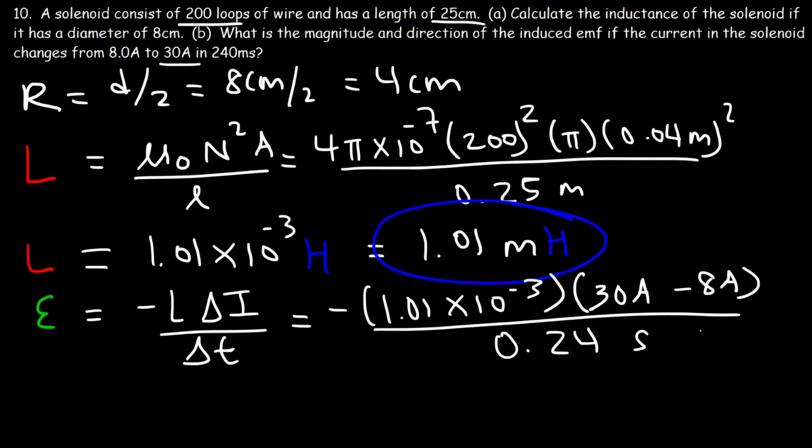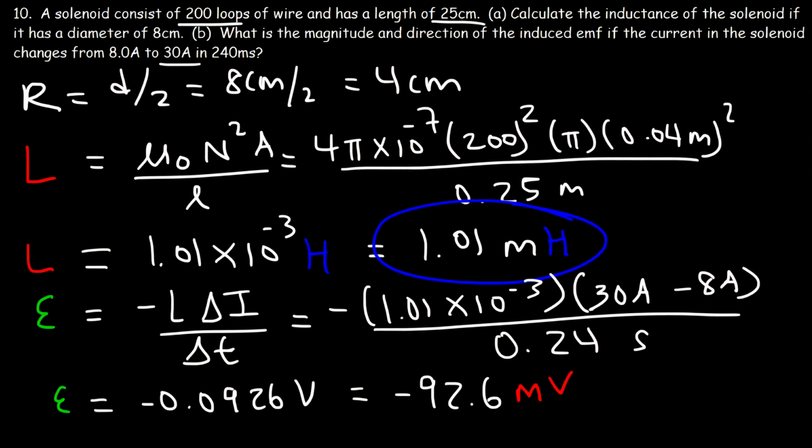So 30 minus 8, that's 22, times negative 1.01 times 10 to the minus 3 divided by 0.24. This is equal to negative 0.0926 volts. So that's the induced EMF, which is equivalent to negative 92.6 millivolts.